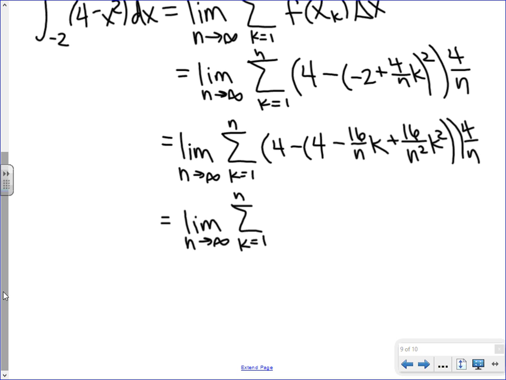And keep in mind we're subtracting, so we have 16 over nk minus 16 over n squared k squared, times 4 over n.